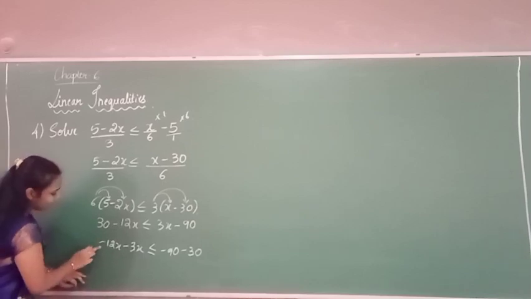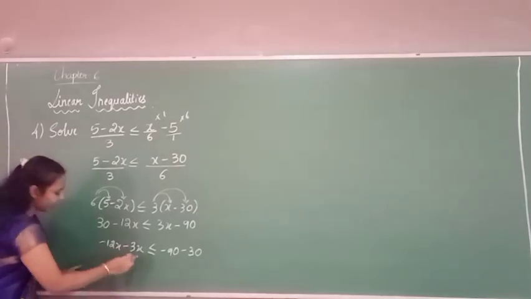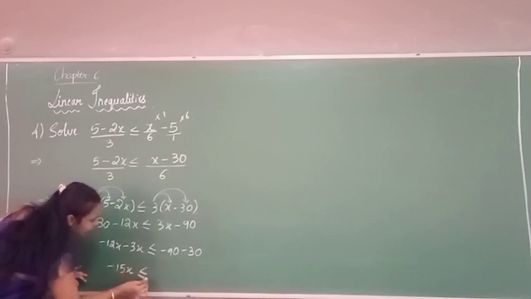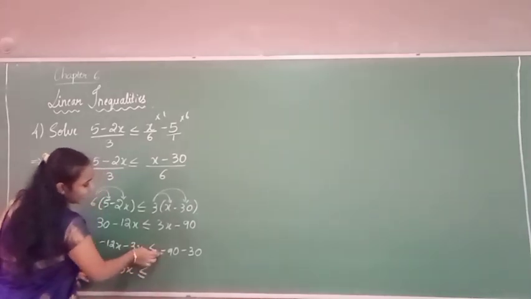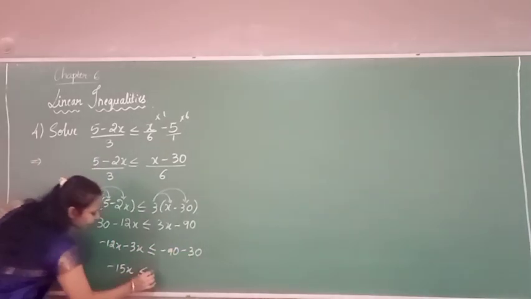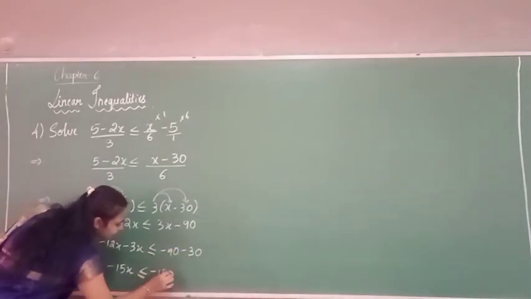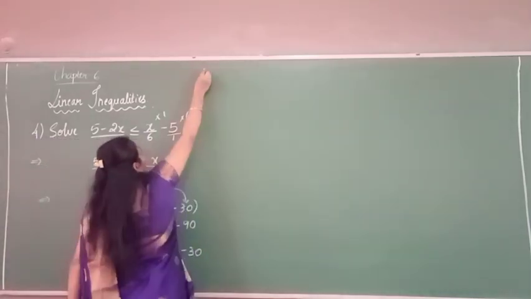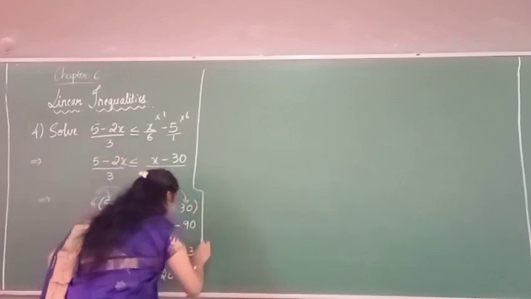So next, minus 12x and minus 3x is nothing but minus 15x is less than or equal to minus 90 and minus 30. So what are we getting here? Minus 120. Is it clear? So next we need to find the inequality for x.